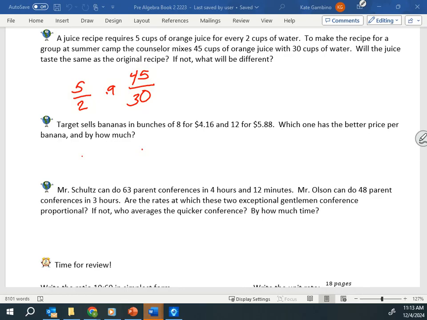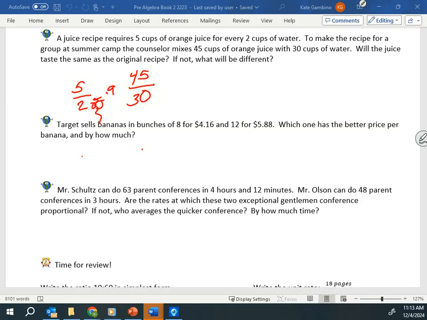No! So the top one was OJ, right? Oops. I can't with my wonky pen. Orange juice, is that gonna be a lot more than the water, or is the water gonna be a lot more?